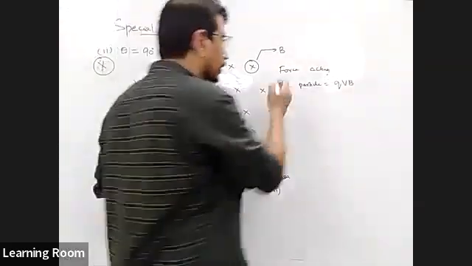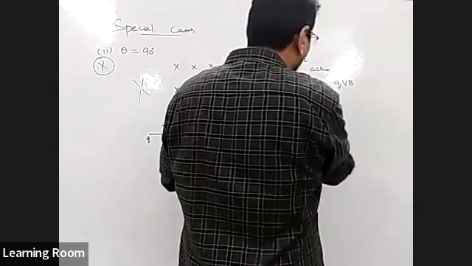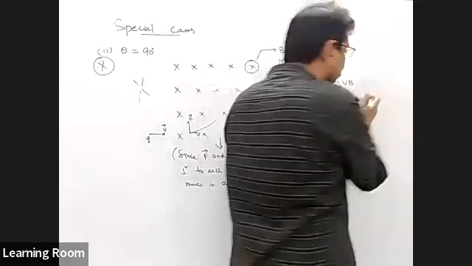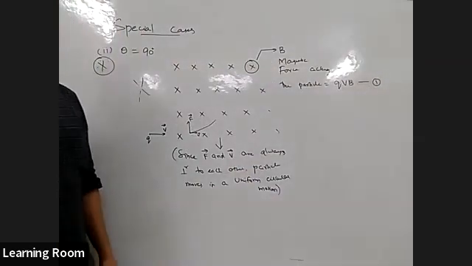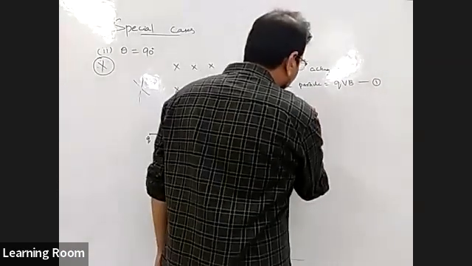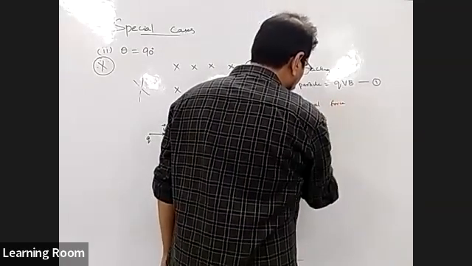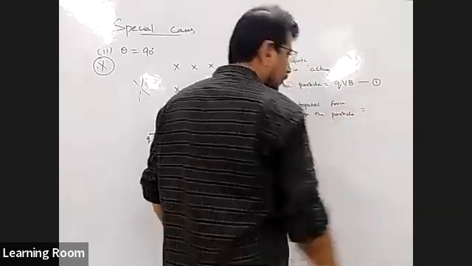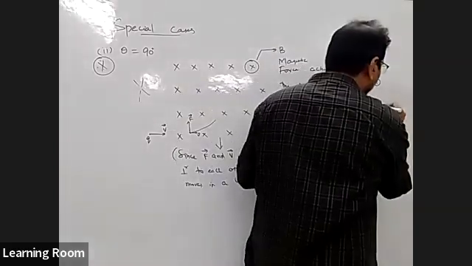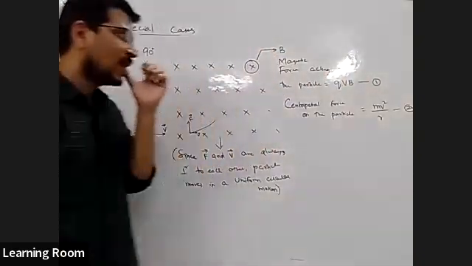Magnetic force, right? So the magnetic force acting on the particle is q v B, let me call this equation number 1. Similarly, what is the centripetal force acting on the particle? Centripetal force acting on the particle is m v square divided by r. Let me call this 2.